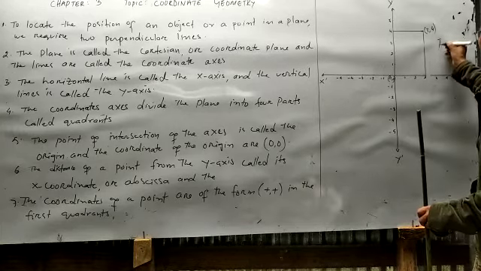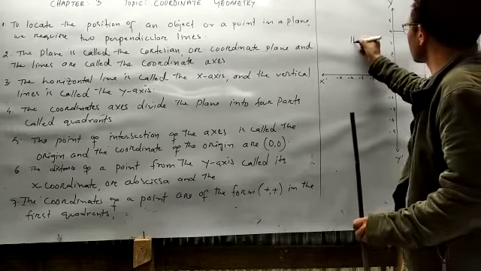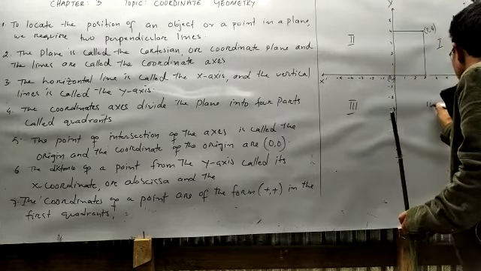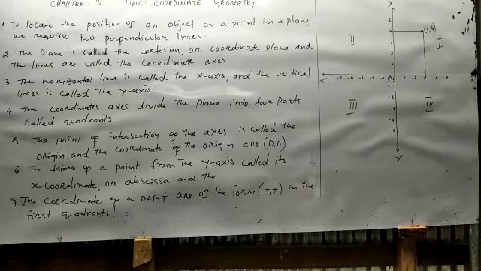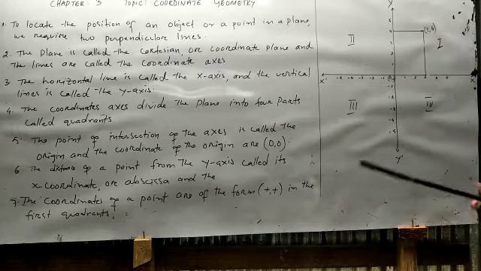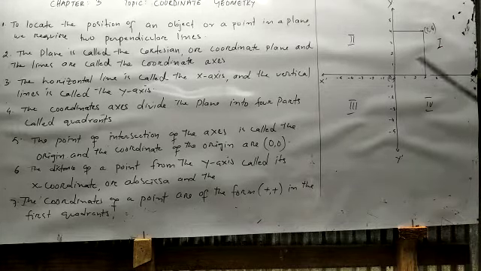These two intersecting lines divide the Cartesian plane into 4 quadrants. This is called the first quadrant, second quadrant, third quadrant, and fourth quadrant. The signs of the coordinates x and y depend on the quadrant in which the point lies.